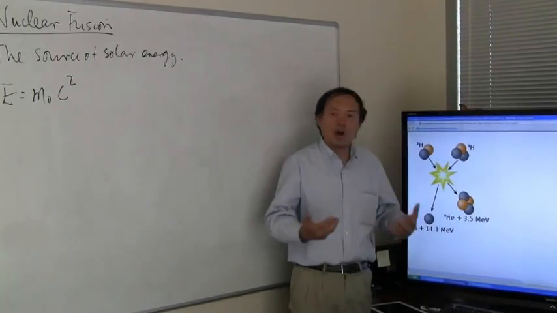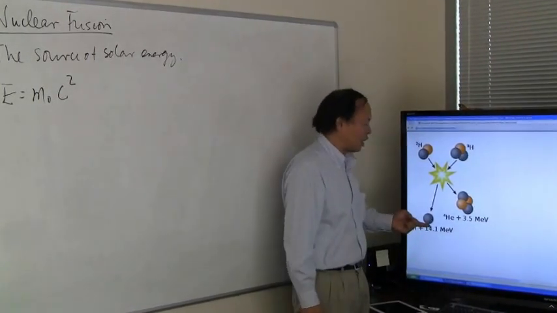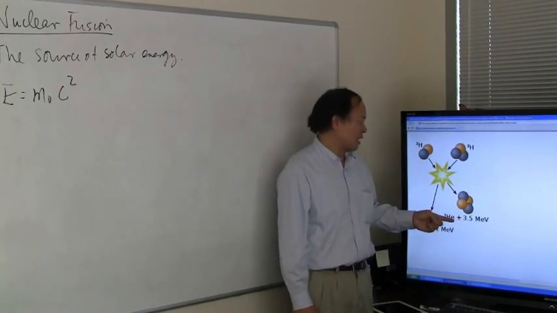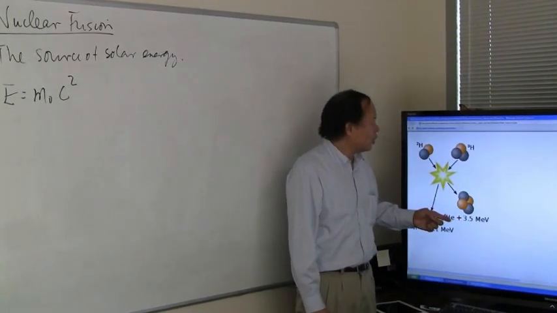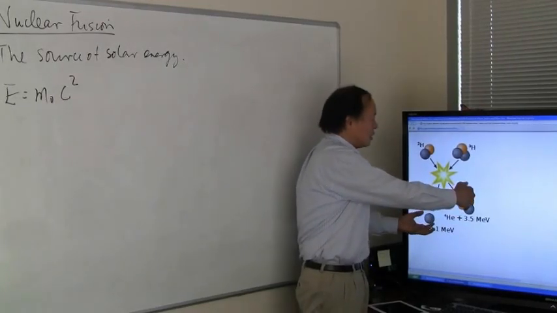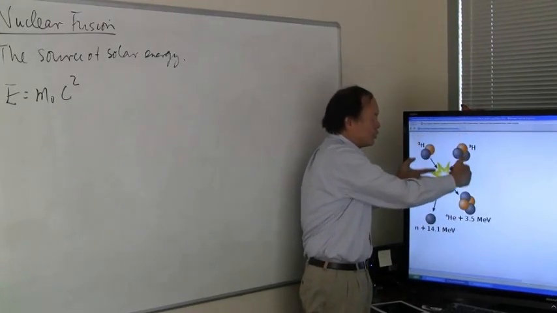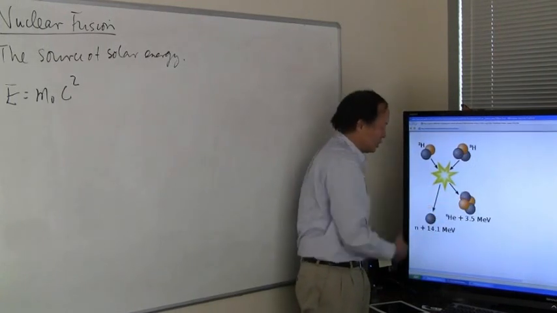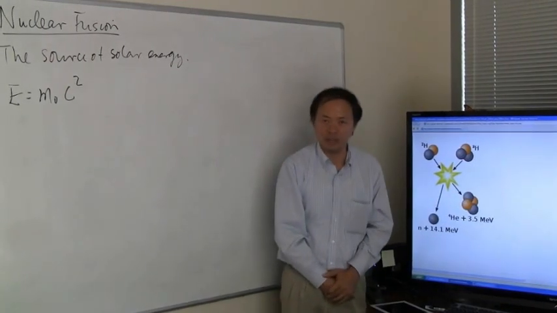And then calculate also the rest mass of the neutron plus the rest mass of the helium. You'll find that there is a loss of mass when these two particles are fused together to form the neutron as well as the helium.